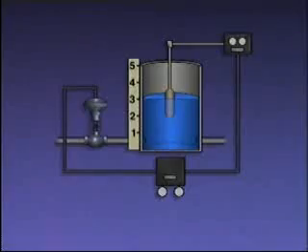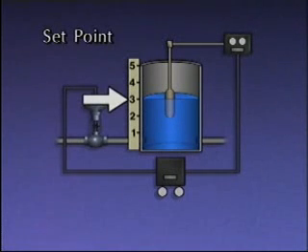When a process is operating normally, the variables for that process will be at or near their desired values. The desired value of a process variable is known as the set point. For example, the set point for the water level in this system is 3 feet.